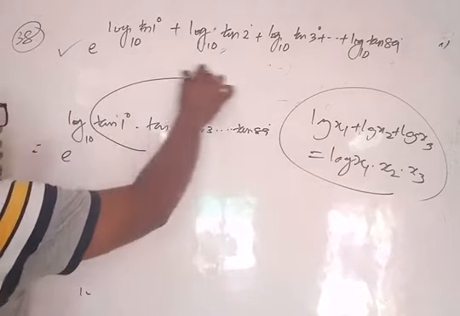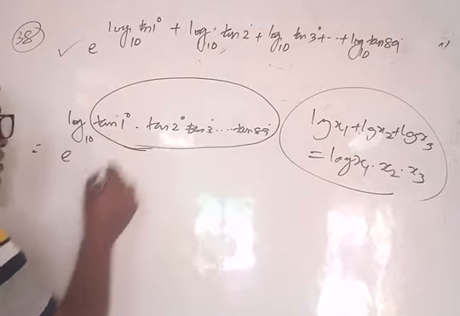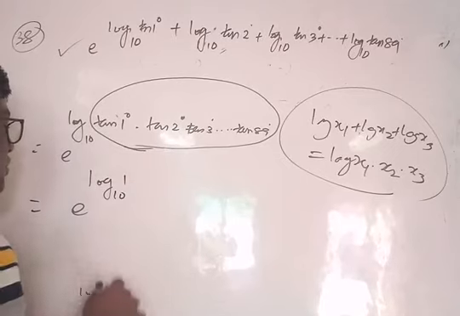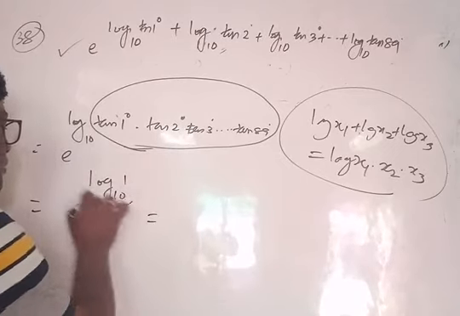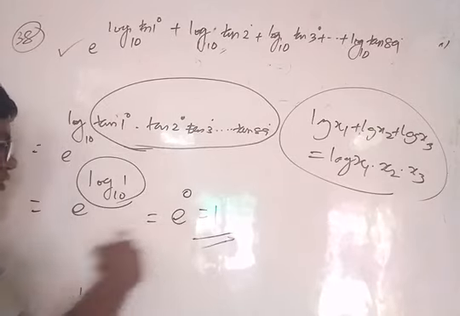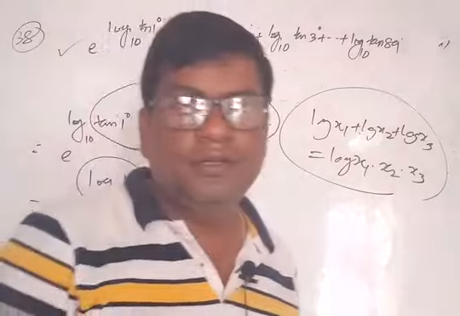We already know this value is 1. So e to the power log 1 base 10. We know log 1 means 0. E to the 0 is equal to 1. This is your answer. Clear?